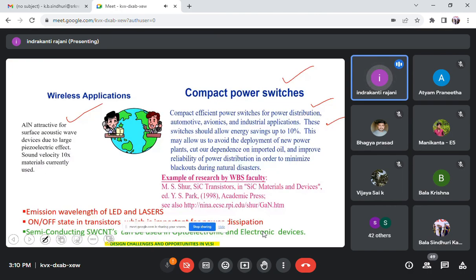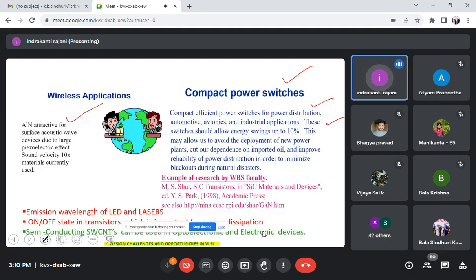60% of the electrical losses are happening in industry and factories because of the different types of materials we are using, because of the transistors or the integrated chip design.